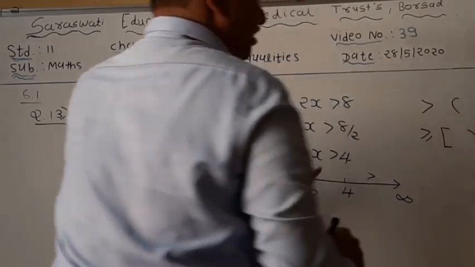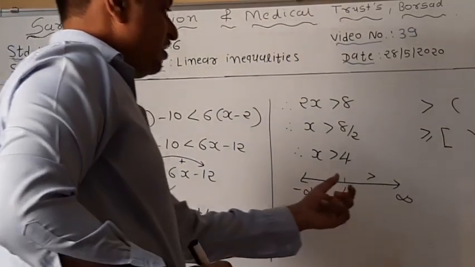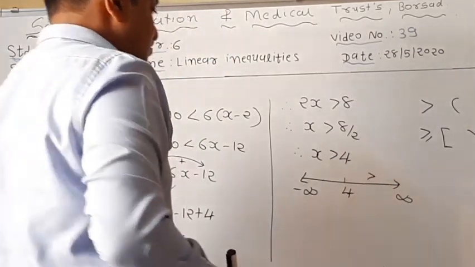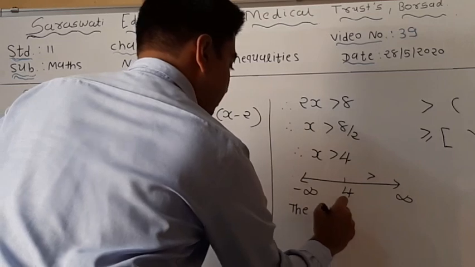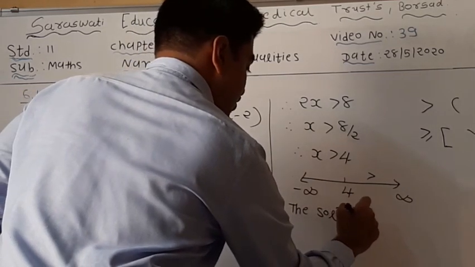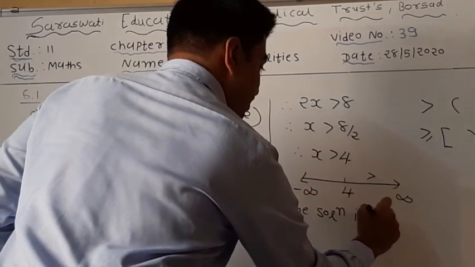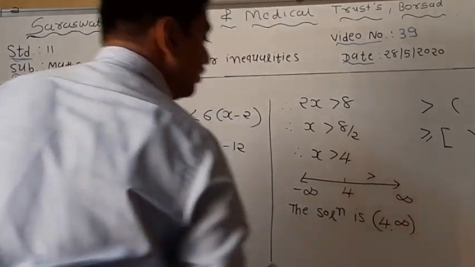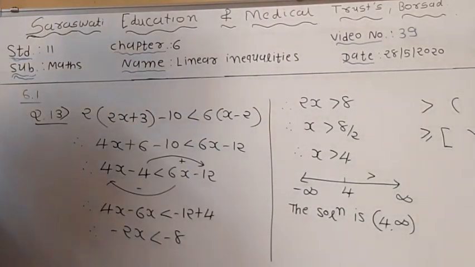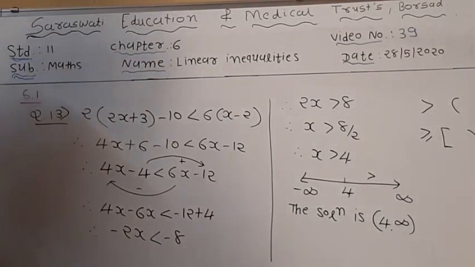Here strictly greater than is present, so the solution set is the open interval 4 to infinity. Clear? Next question.